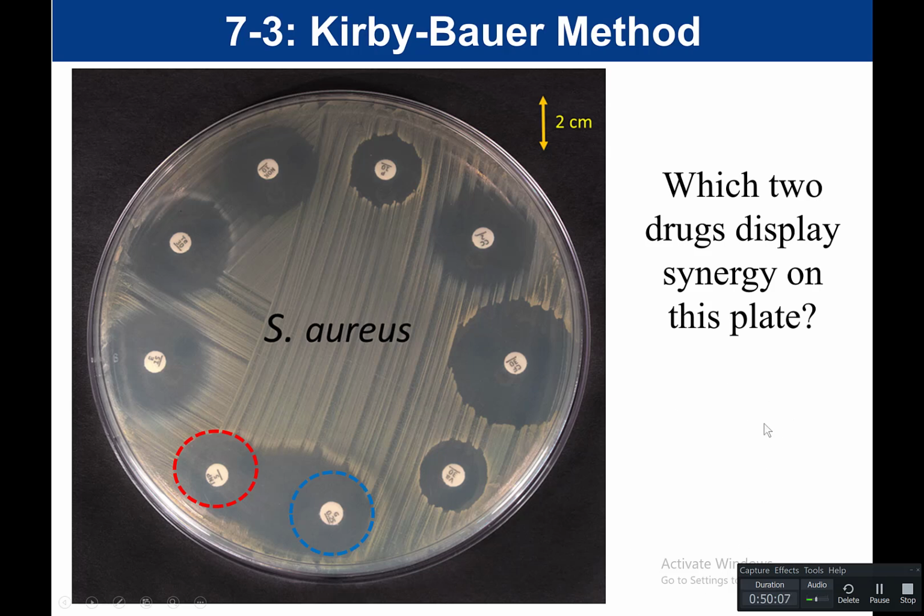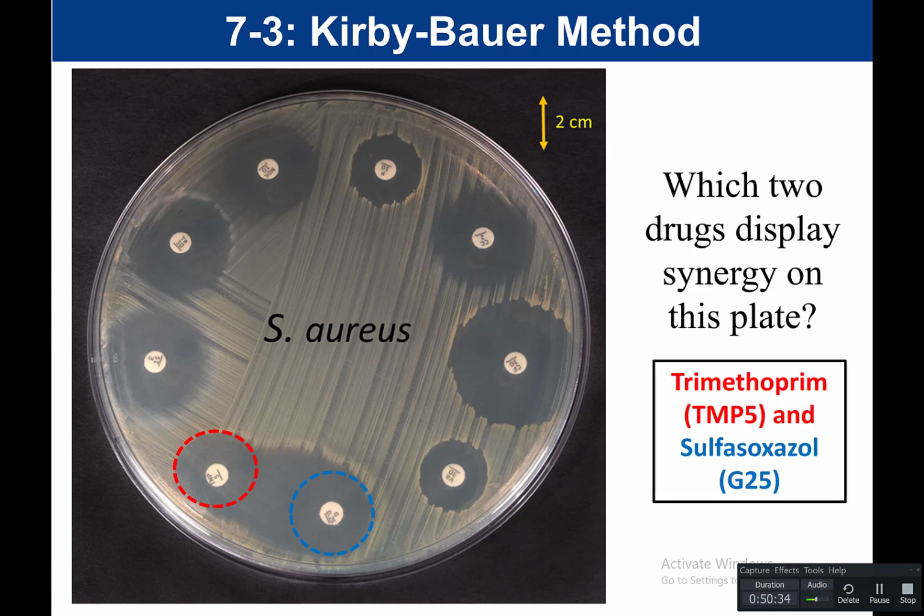And if we look at this disc that's labeled G25, based on the fact that it's this much on this side, you would expect it's the same on this side. So my zone of inhibition should only be here. Yet look at all this additional clearing that we have in between. So we would say that these two drugs exhibit drug synergy. Combined, they're more effective than either drug alone.